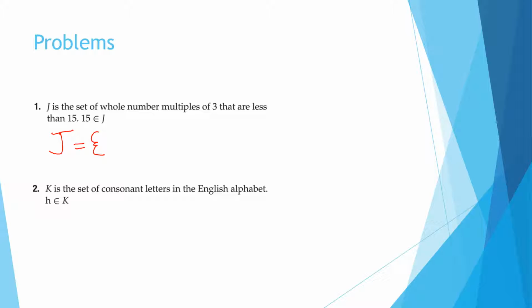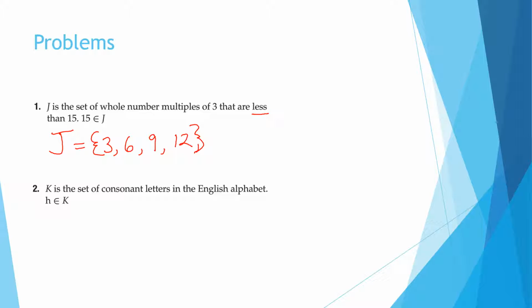So then there's 3 times 1, so that's 3. 3 times 2 is 6. 3 times 3 is 9. 3 times 4 is 12. 3 times 5 is 15, but this says less than 15. That means 15 won't actually be in my set. So this is my set J.